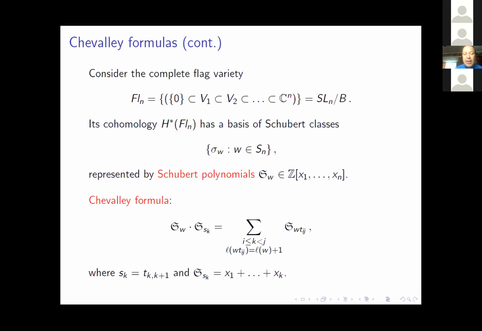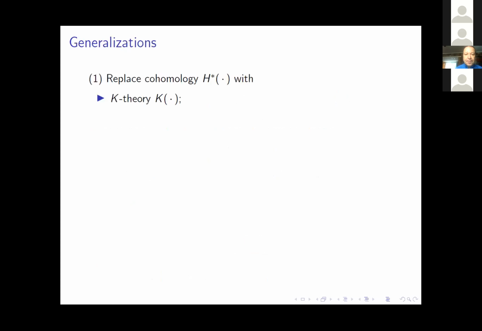If you expand this product in the basis of Schubert polynomials, you get, with coefficient 1, all the Schubert polynomials indexed by permutations obtained from w by applying a transposition t_ij on the right, where k is sandwiched between i and j. So the sum is over all such i and j, also with the condition that the length upon applying the transposition increases by exactly 1. So that's the next Chevalley formula.